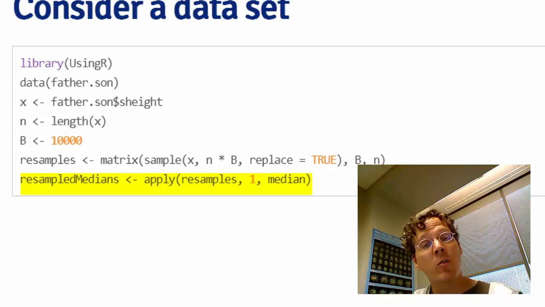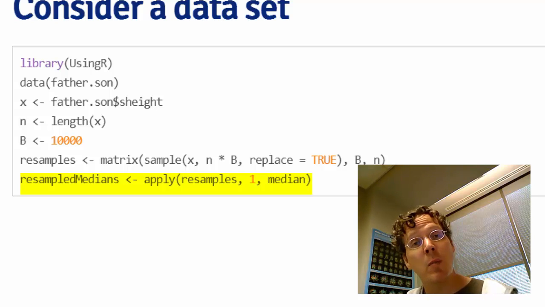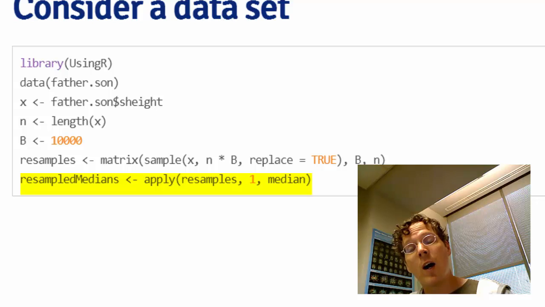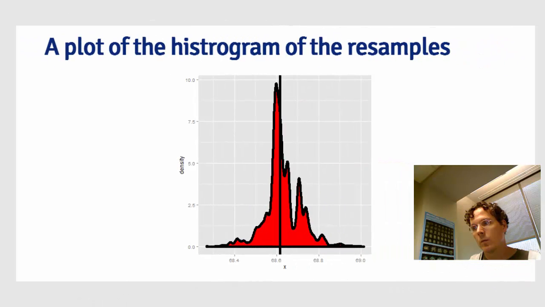And then let's suppose that the statistic I'm interested in is the median. And so for each of these resampled data sets, I'm going to apply the median. And that's what this final apply statement does. So here's a density estimate from the resampled medians. I've drawn a vertical line for our observed median.